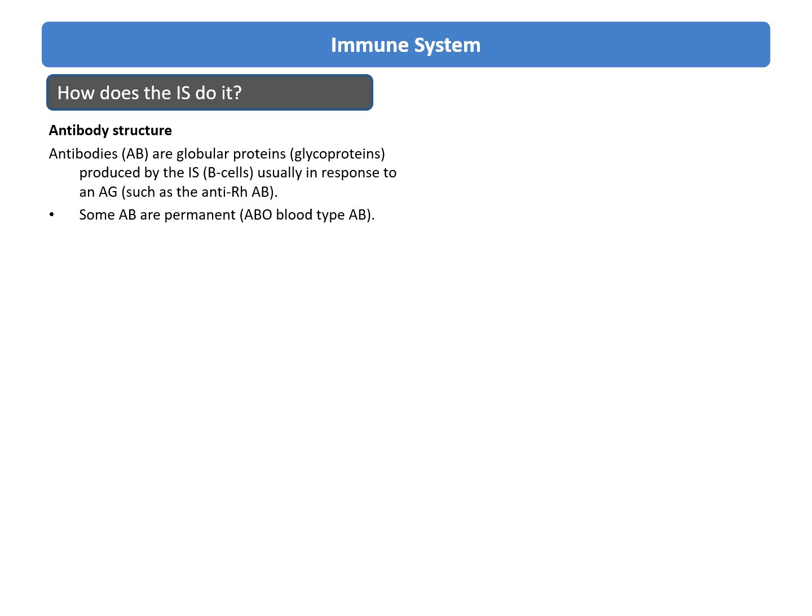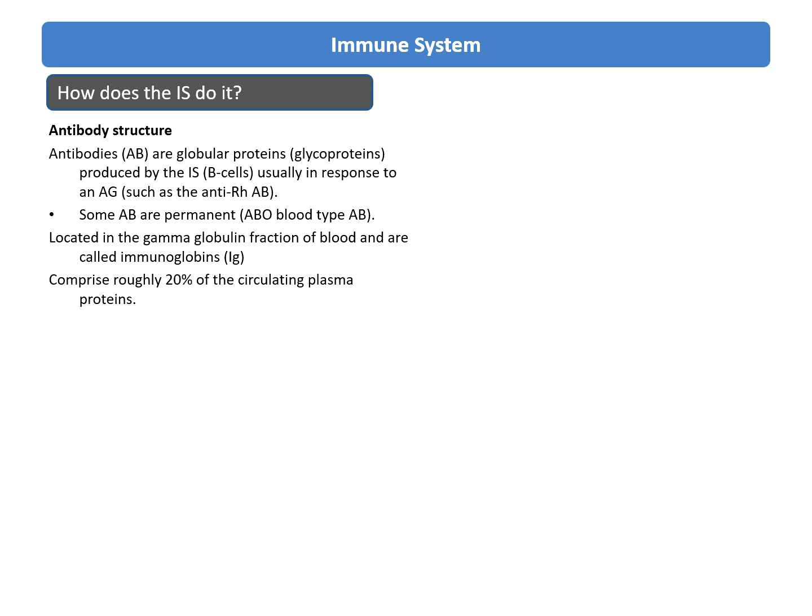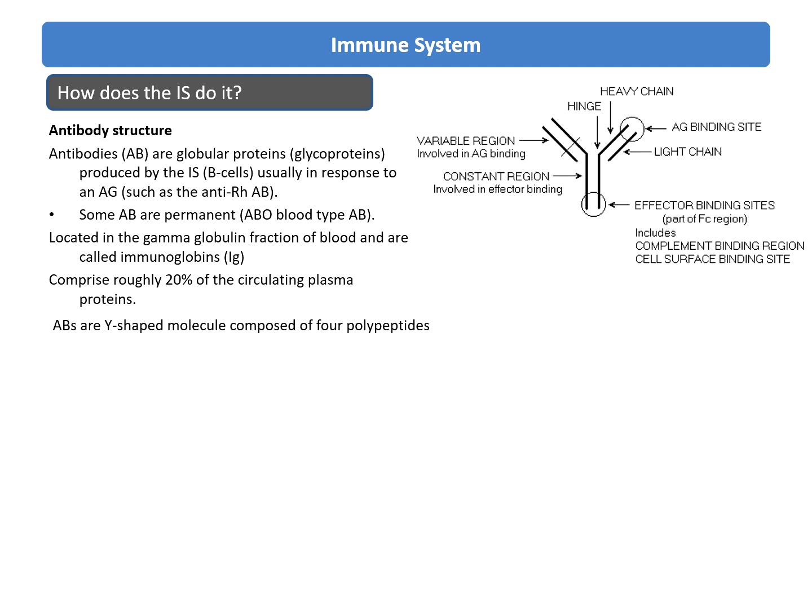Those were permanent antibodies. They're located in the gamma globulin fraction of the blood, and they're called immunoglobulins, capital I, little g, because they're globular proteins involved in immunity. They comprise roughly 20% of the circulating plasma proteins.